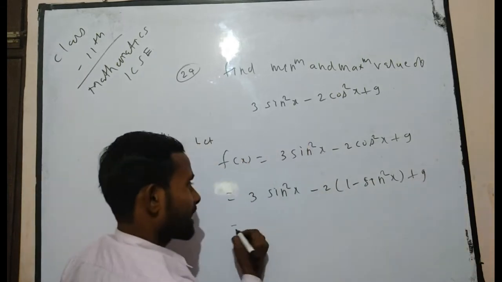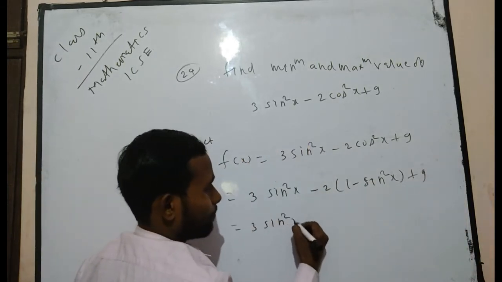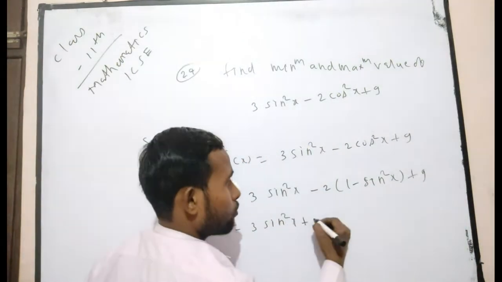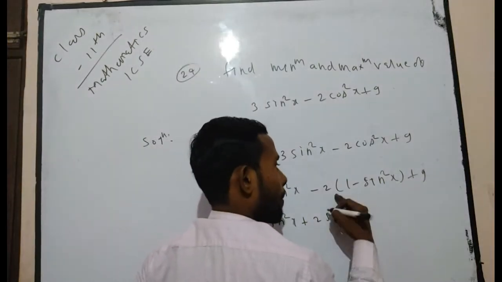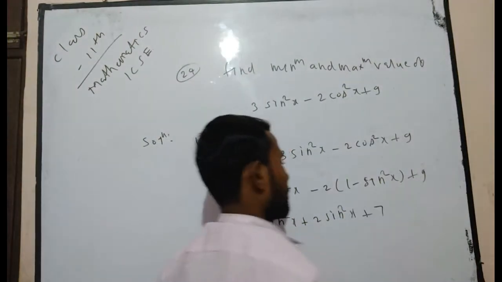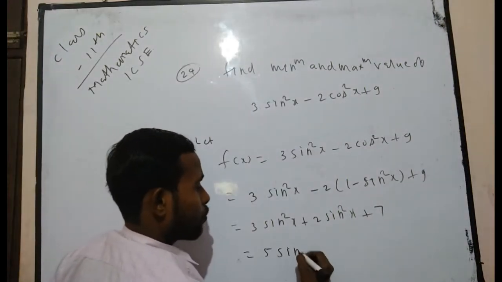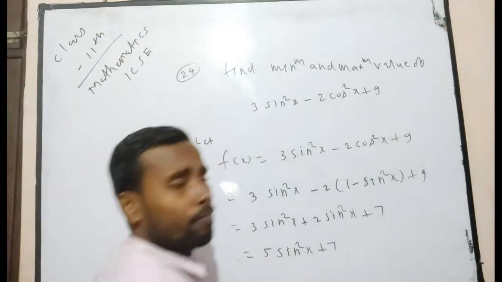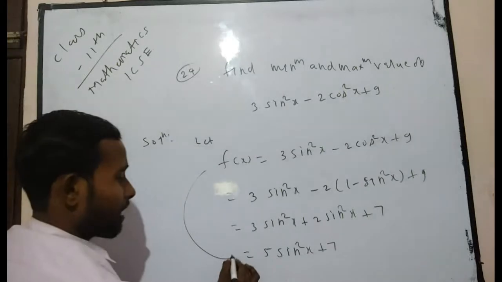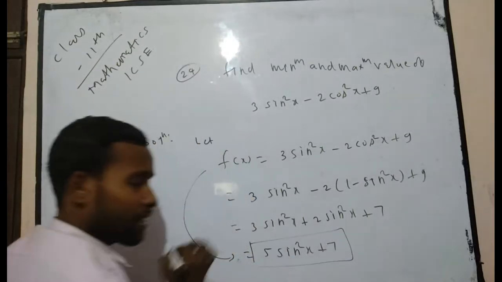After that, you can write it as 3 sin square x plus 2 sin square x minus 2 plus 9. That means 7. Now you can write it as 5 sin square x plus 7. I think the whole function is transformed into a function of sin x.